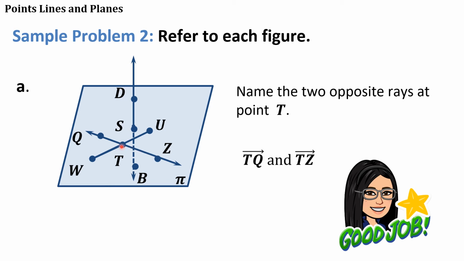As you can see, they have an endpoint. They start right here and continue through C, and the line just continues through there. So we have here our first ray, I'm going to try to highlight it, and here our second ray. They're both sharing point T.